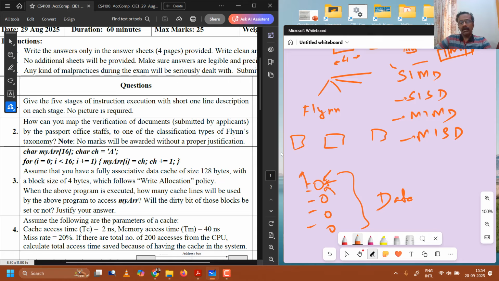People are coming with that kind of data, and the passport office has given some instructions to the members who are validating them. Let me call them member 1, member 2, and member 3. Let us assume that only one person is sitting there instead of multiple persons.